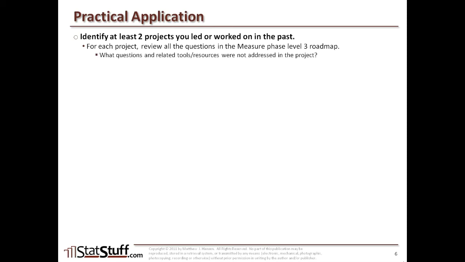And as you ask yourself these questions, find within them any questions or any related tools or resources that were not necessarily addressed in that particular project or issue that you had worked. Why were those things not covered or included within your project? Why were they not addressed at all? And then what different outcome or results could have been realized if you had addressed those missing elements when you first executed the project? Well, that wraps up this lesson.